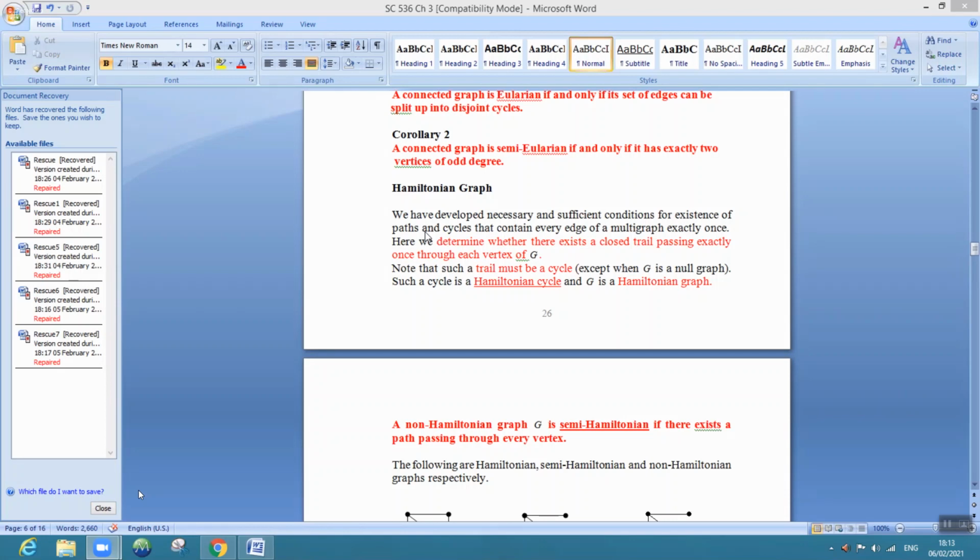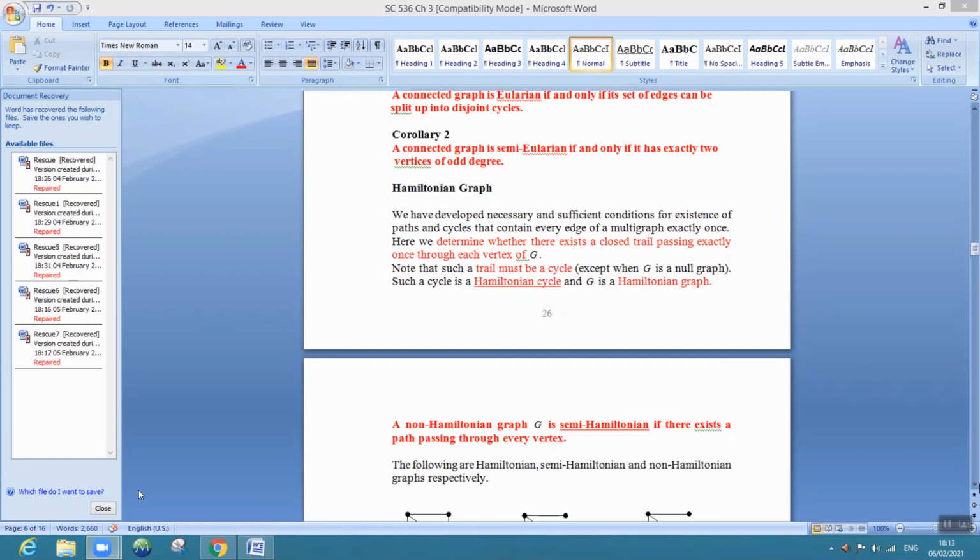Such a cycle is a Hamiltonian cycle and G is Hamiltonian. If you have a Hamiltonian cycle, then the graph is called a Hamiltonian graph. Simply, 5 vertices joined by 5 edges, 10 vertices joined by 10 edges, always the border is a Hamiltonian cycle.